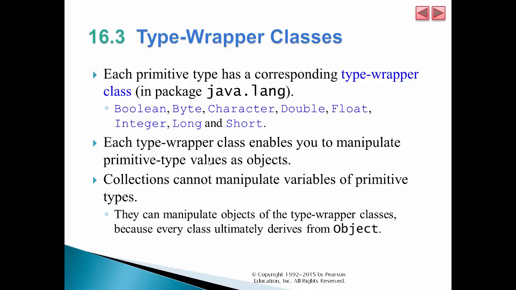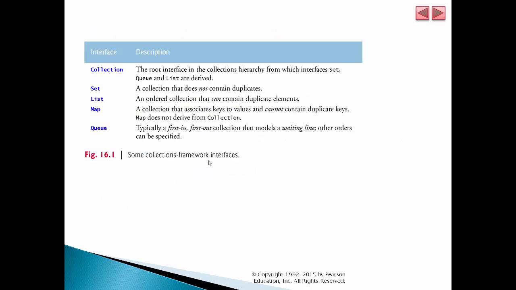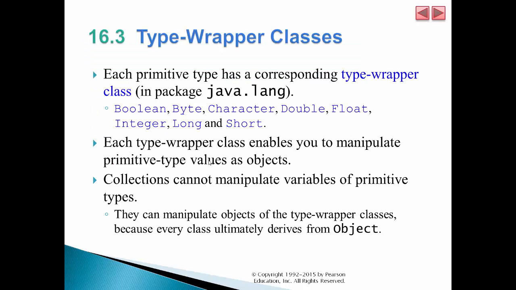Okay, very quickly, we'll go through those examples. First of all, before we hit the collections, I'd like to explain something that is necessary for working with collections. Imagine that you want to store a collection of integers, right? Integers, as we know, are primitive data types in Java.